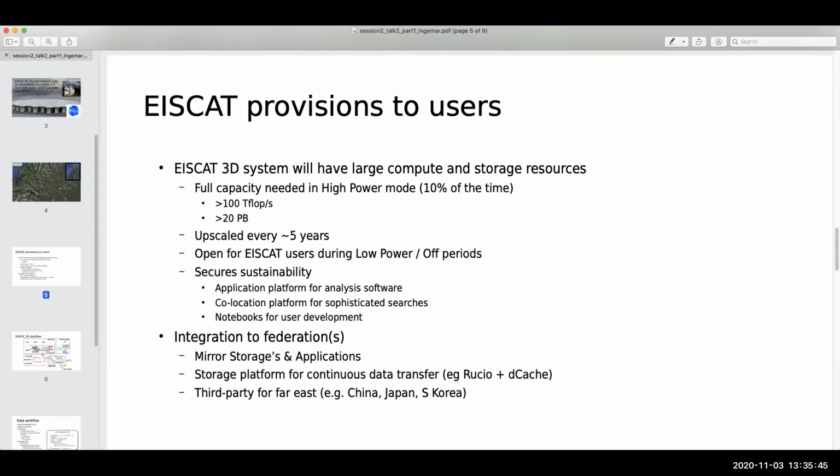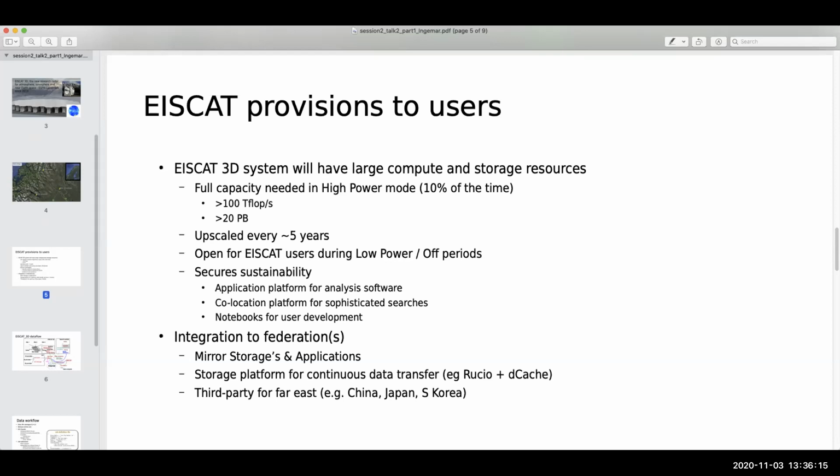During the low power modes or off periods, there is a lot of compute power available for our users. So we are setting up the EISCAT system as a federated or high performance center as well.